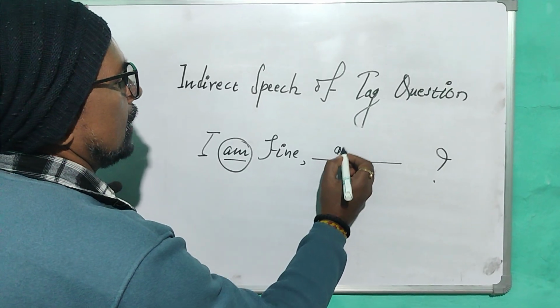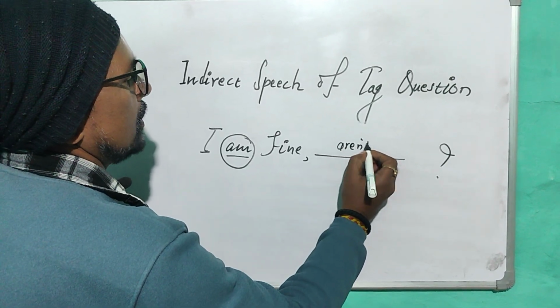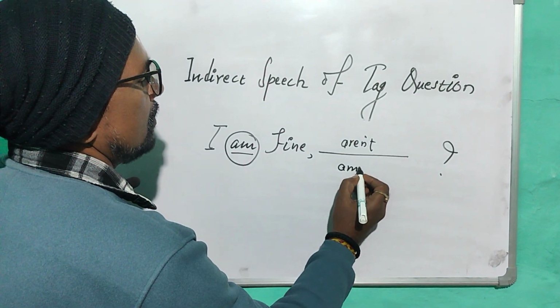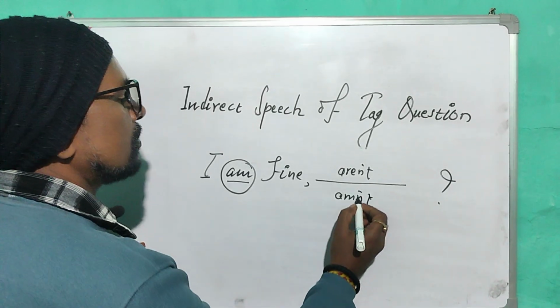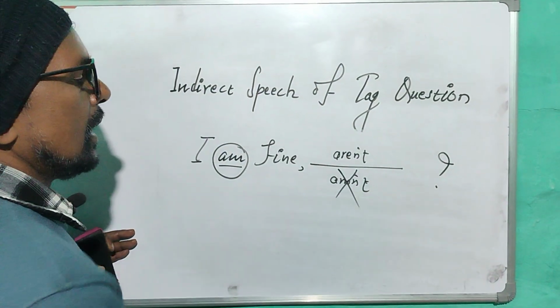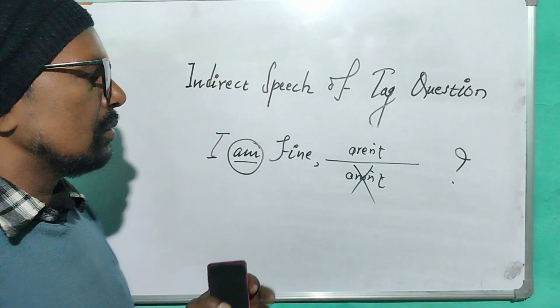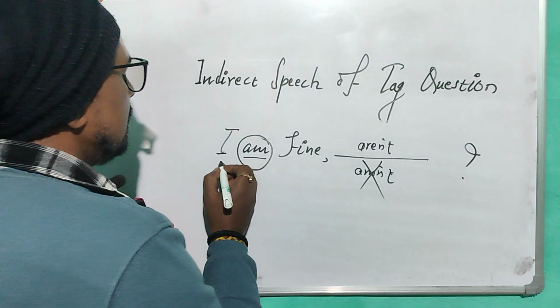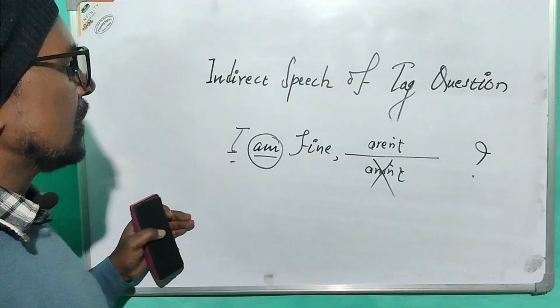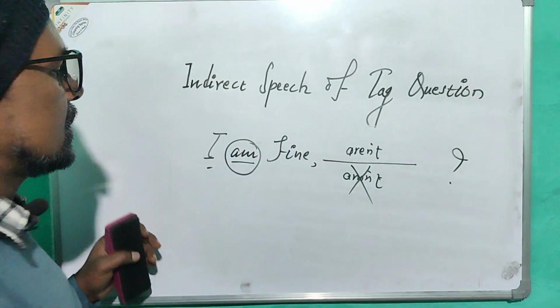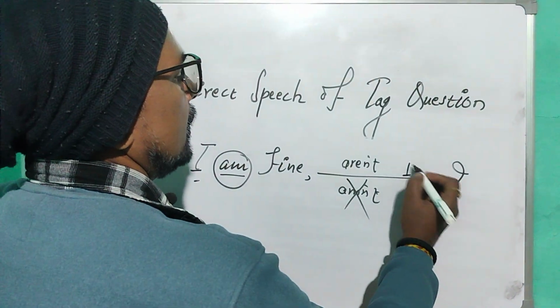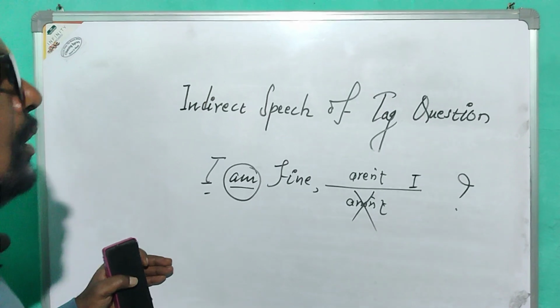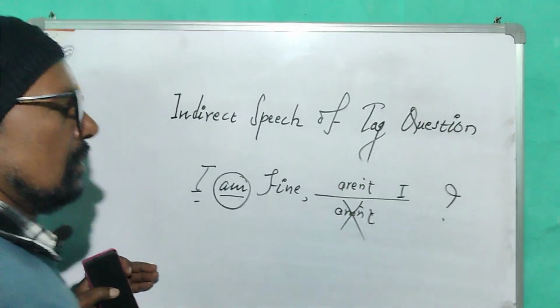We can't write am and apostrophe t; if we try to write am't, it becomes wrong. So we have to write aren't. Then after it comes our subject. The subject must be the same pronoun in the tag question. So: I am fine, aren't I? This is our tag question.